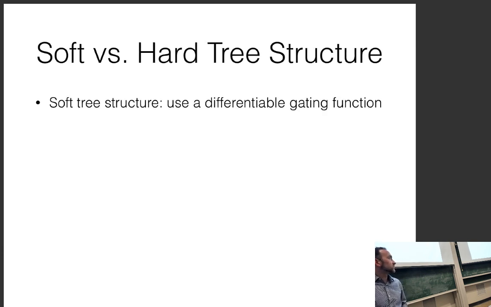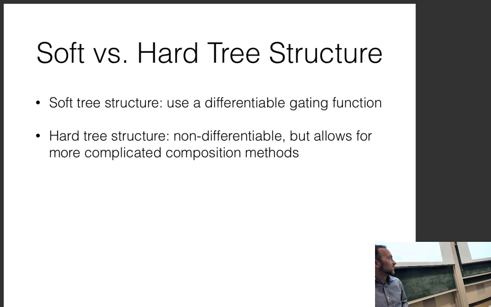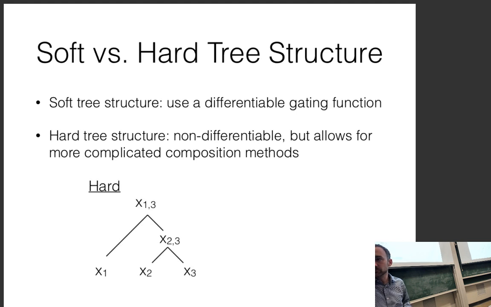And there's a couple ways of doing this. One way is soft tree structure, and basically this means you use some sort of differentiable gating function that induces a structure. Or hard tree structure. This is non-differentiable, but it allows for kind of more complicated methods to compose together things like tree LSTMs, for example.